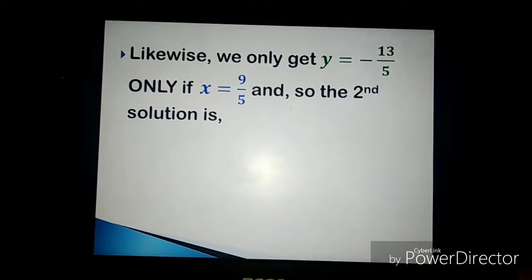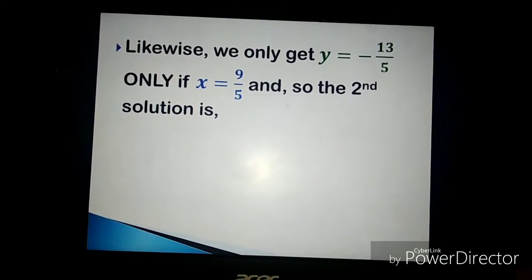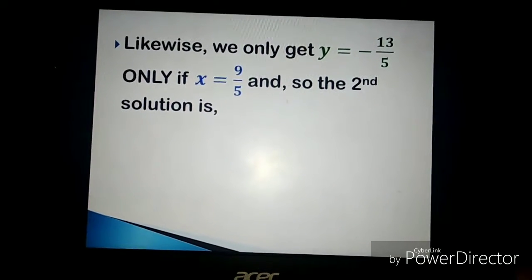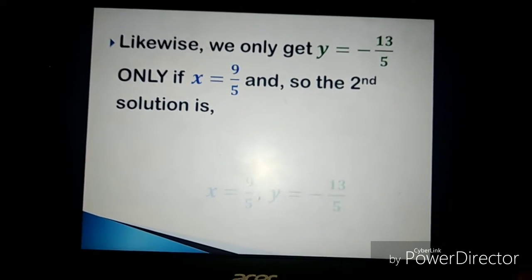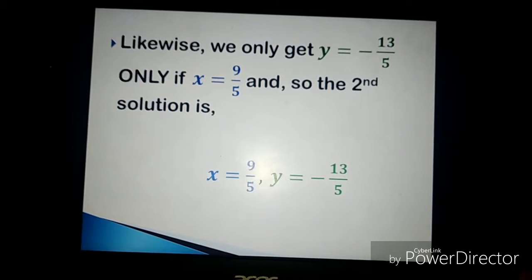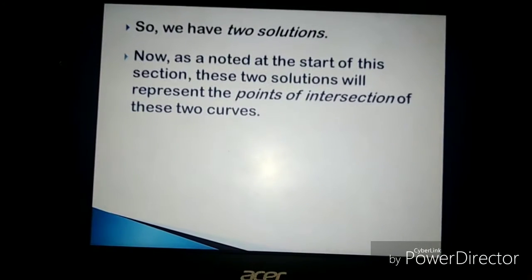Likewise, we only get y is equal to negative 13 over 5 if and only if x is equal to 9/5. And so the second solution is x is equal to 9/5 and y is equal to negative 13 over 5. So we have the two solutions.